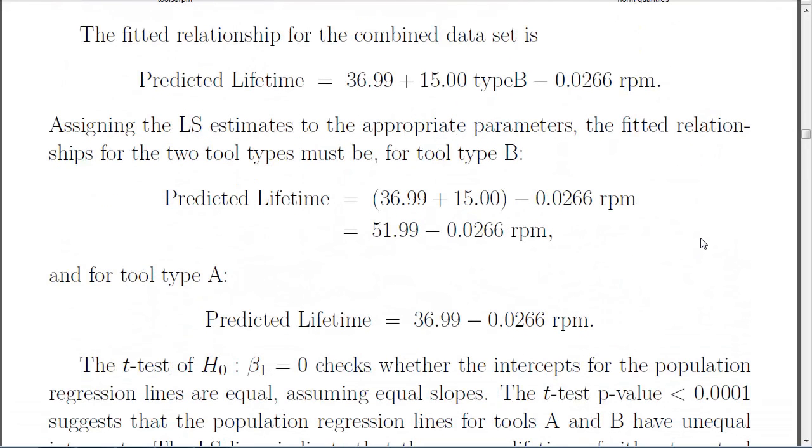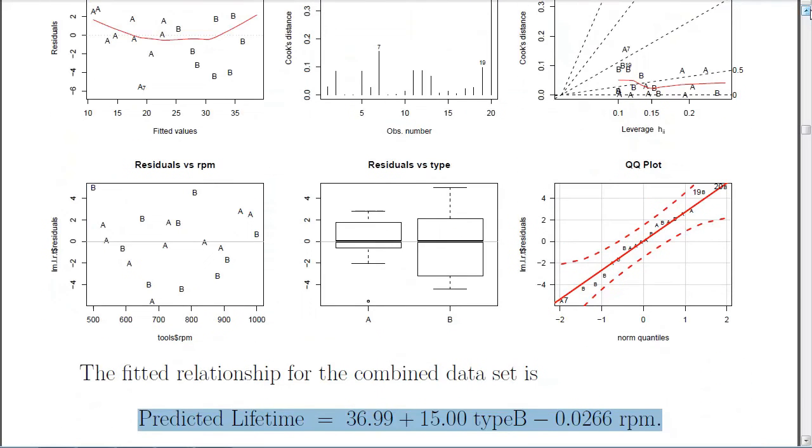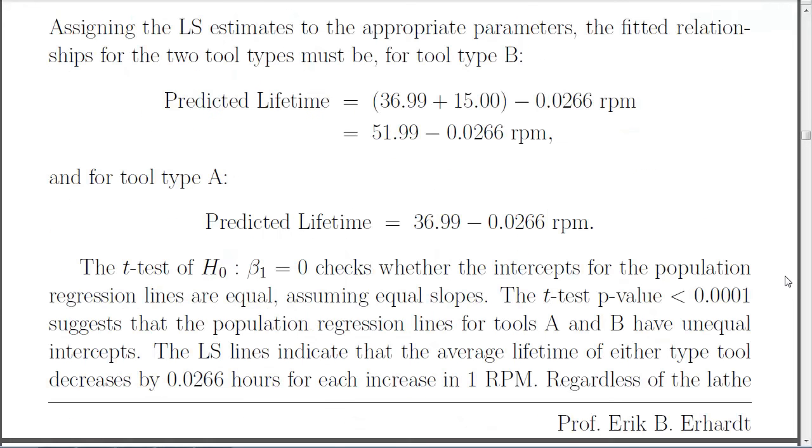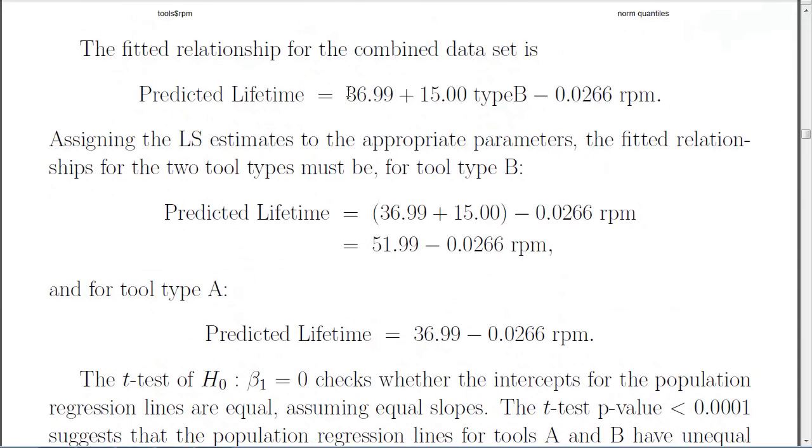Okay, but just continuing. So this is the fitted model, and I'm just pulling that directly from the output, can't quite get everything on the same page. Here's the intercept, 36.98. Here's the RPM, negative 0.02, and type 15. Okay, so those are the coefficients. If I page back down to that model, I've just plugged those numbers in as the coefficients here. And then for the different tool types, tool type B and tool type A, I'm going to solve for this indicator variable.